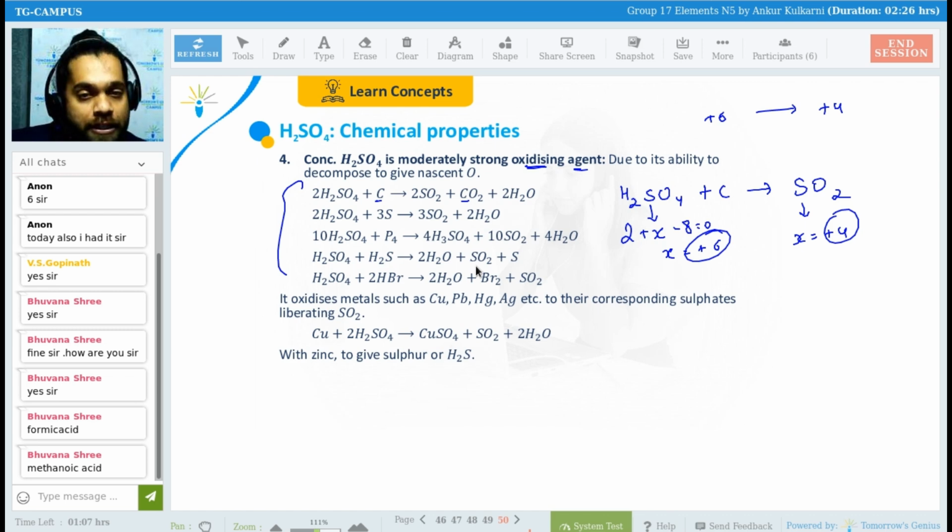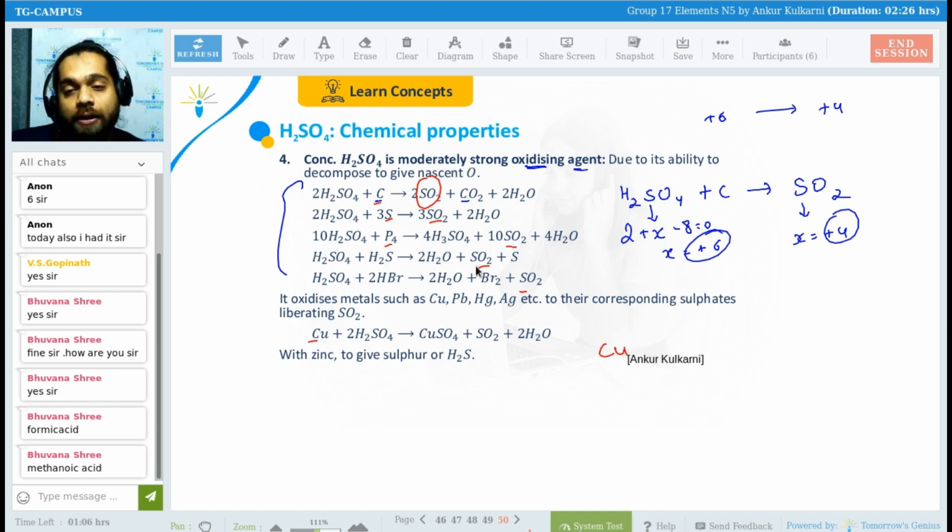In every reaction we just did, H2SO4 gives SO2. Wherever there is an elemental compound and you react it with H2SO4, it will act as an oxidizing agent. Clear, everyone? It oxidizes metals also.